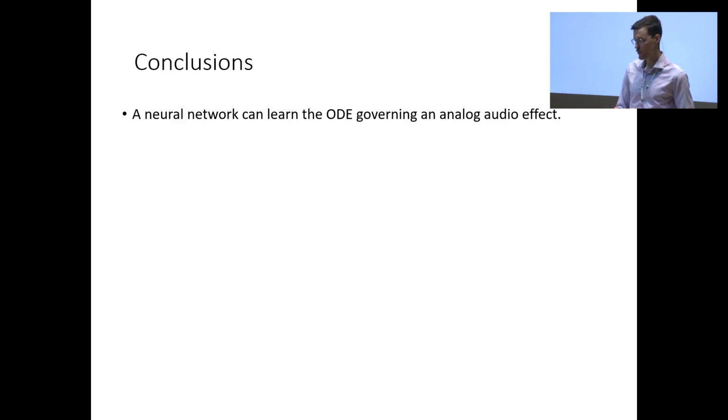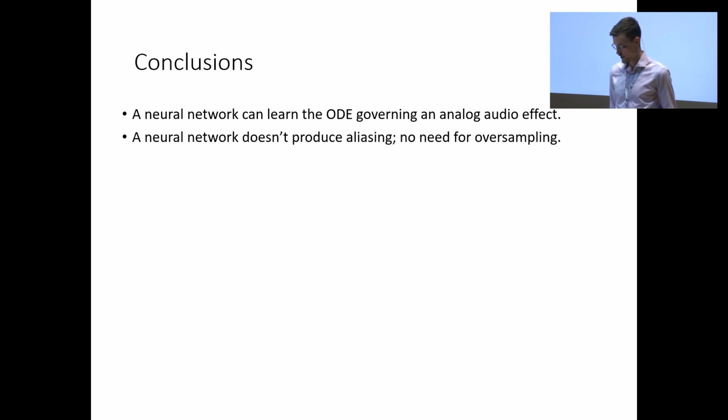To conclude, we showed that a neural network can learn the ODE which governs an analog audio effect. And that this neural network doesn't need oversampling during numerical solutions, which is an advantage over closed-form solutions.